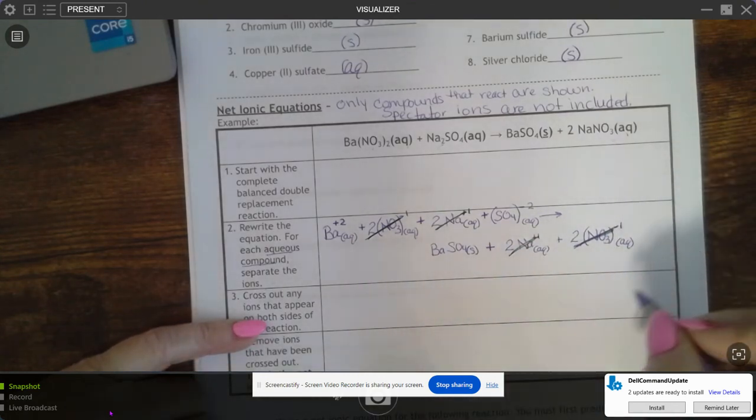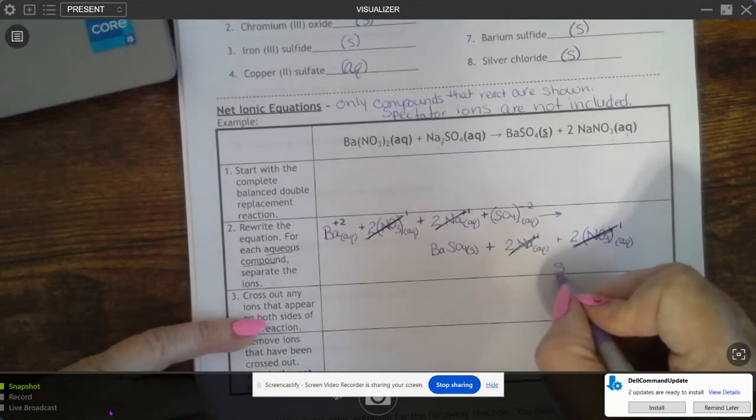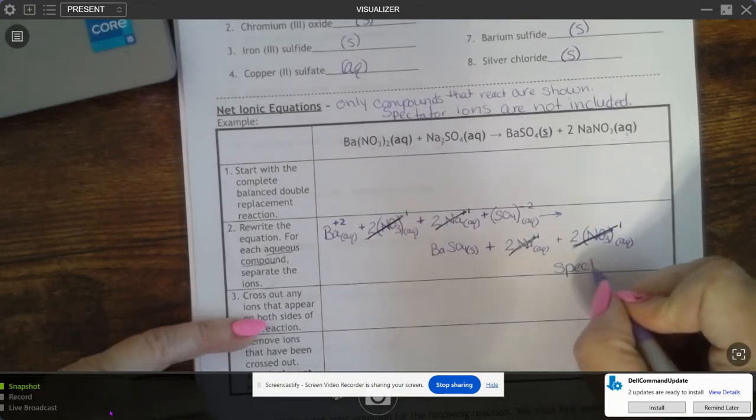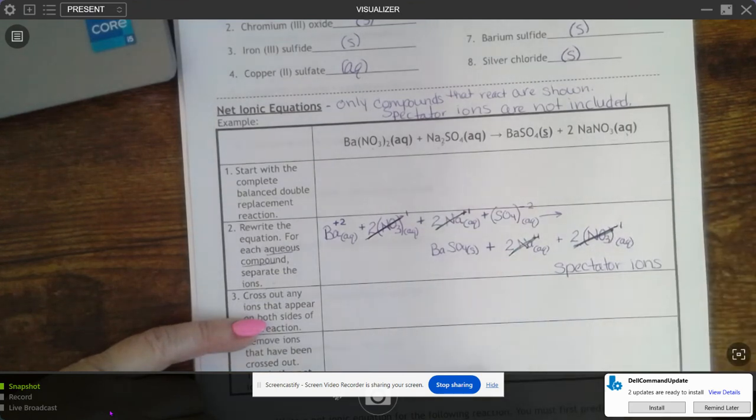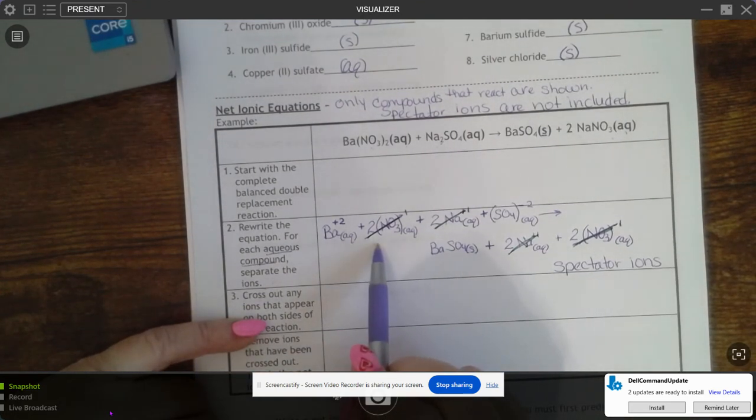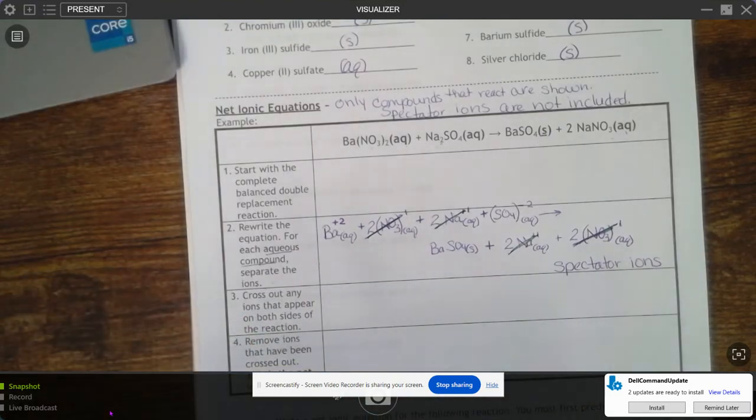And these extra ions that we crossed out are called spectator ions. What that means is they're dissolved in water on both sides. They really don't matter in the reaction.